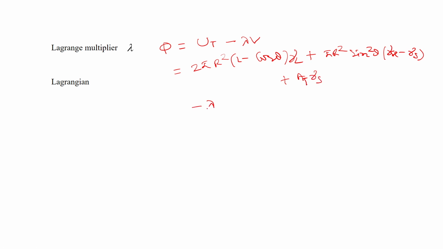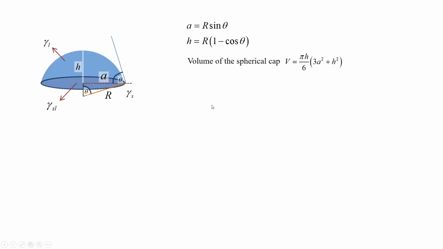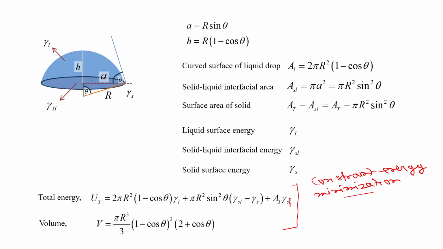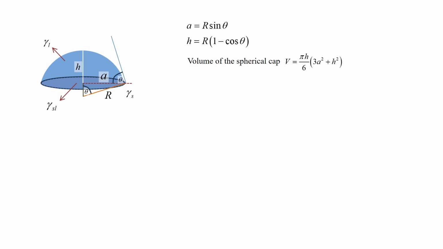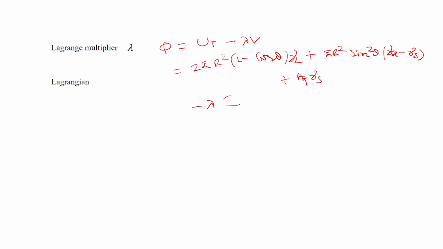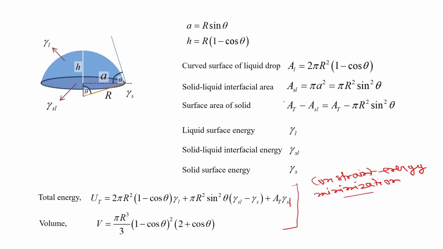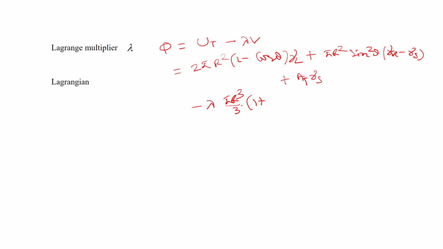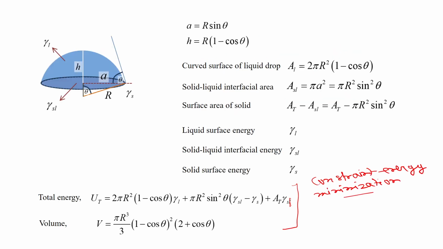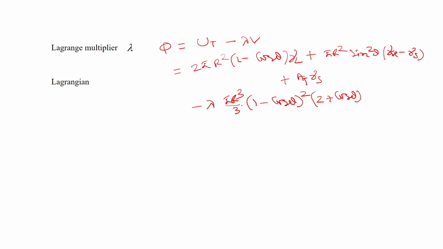Minus I have to have the total volume that you have here, lambda into pi r cube by 3 into 1 minus cos theta whole square into 2 plus cos theta. Is that correct? 2 plus cos theta, right. So, that is all my relation.